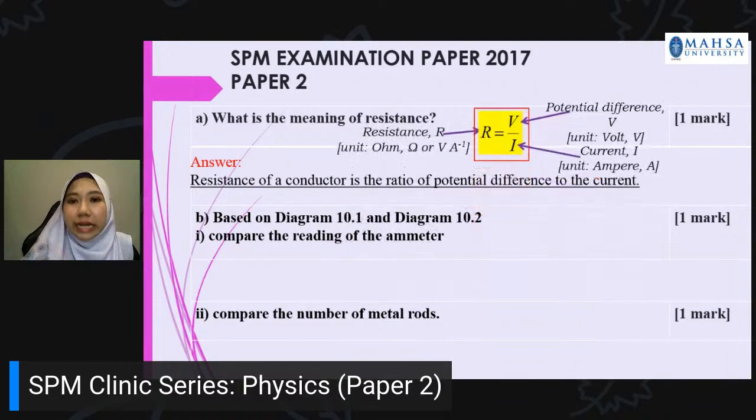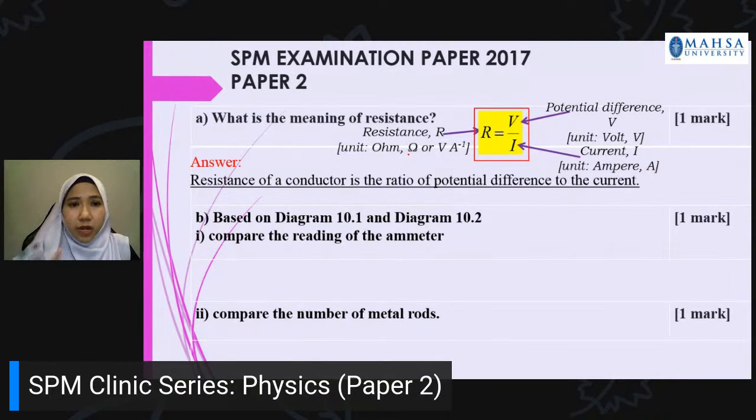Mathematically, the formula for resistance is R equals V divided by I, the potential difference or voltage divided by the current. The potential difference has the unit volt, symbol V; the current has symbol I and the unit ampere; and the resistance has the unit ohm, symbol omega.